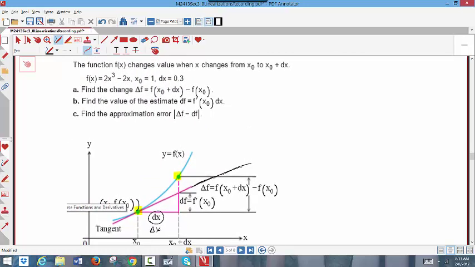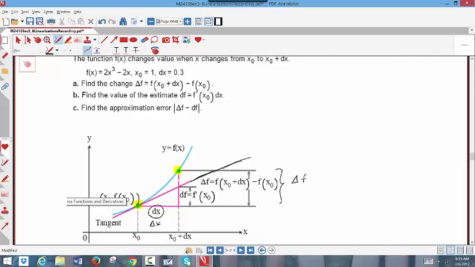All right, so we're looking at the vertical part, which is the interesting part here. If you take a look at this amount, which is the difference in the y value between the 2 points, they call this delta f. And so it's the difference in the 2 y values. This is the point x of 0, f of x of 0.